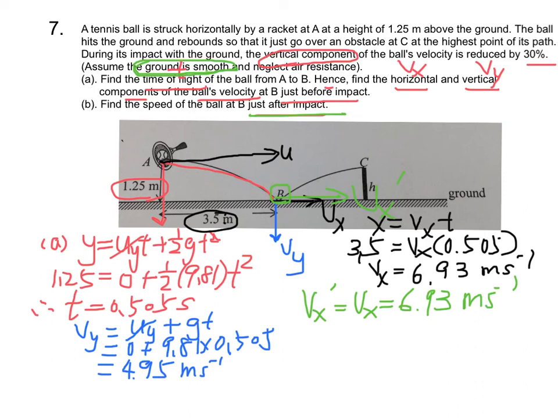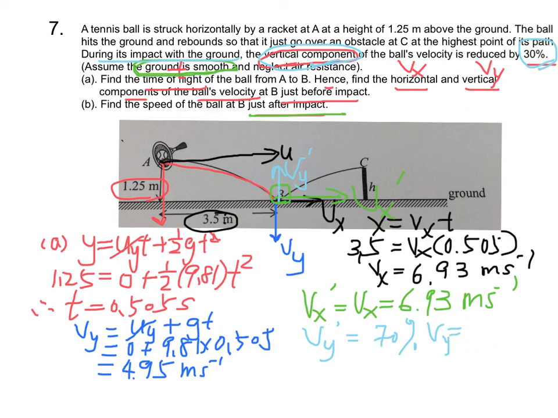However, you are given that during the impact with the ground, the vertical component of the ball's velocity is reduced by 30%. Therefore, after the impact at B, the vertical velocity of the ball Vy' would be 70% of the vertical velocity during impact, which is Vy.